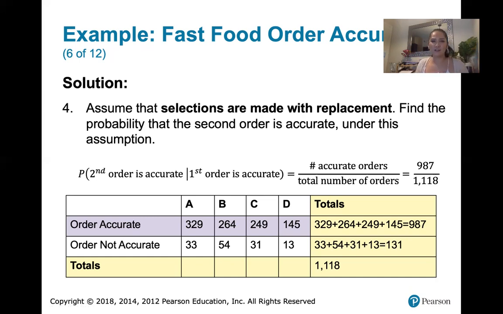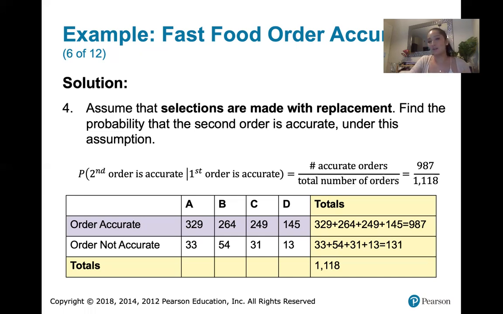Whether or not the first order was accurate, there are exactly the same number of accurate orders in our sample now, and exactly the same number of total orders, because we made the selection with replacement. We put that order back into the hat, basically.